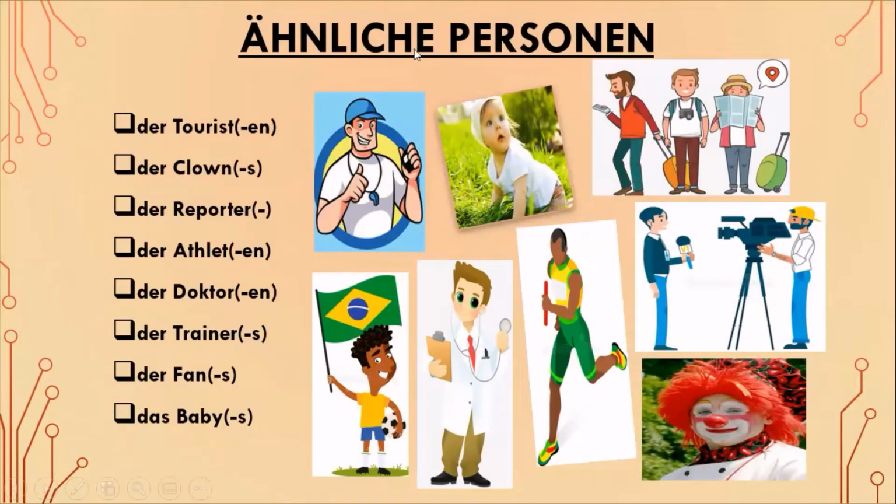Similar is ähnlich in German, and one person is die Person, plural die Personen. If you look at the singular form of this word, it is written as in English, but pronounced Person.